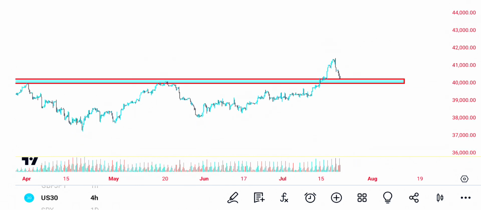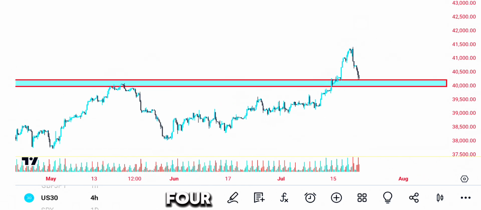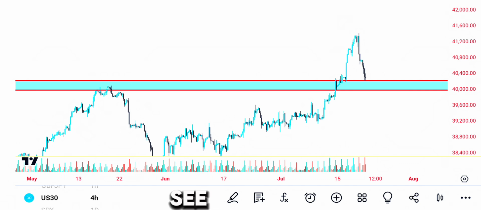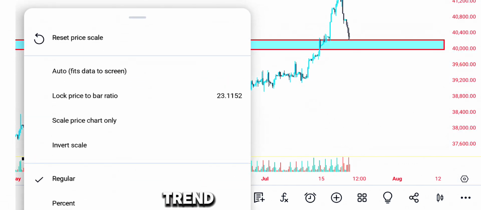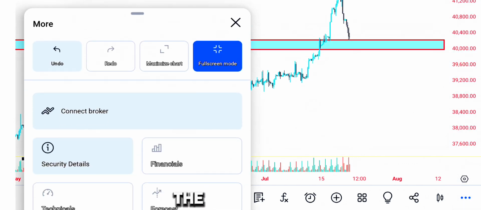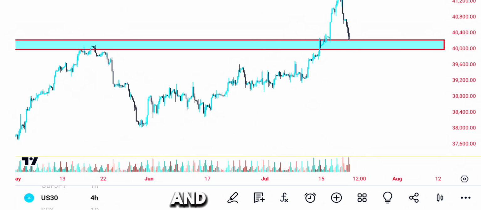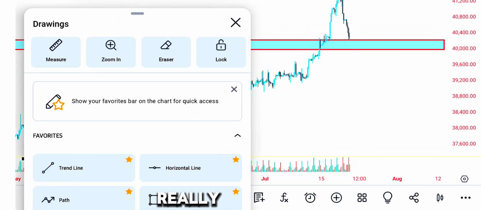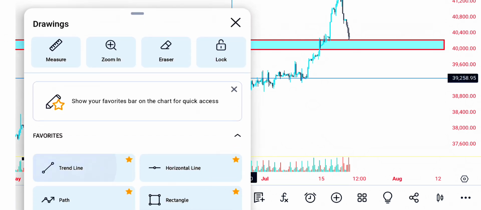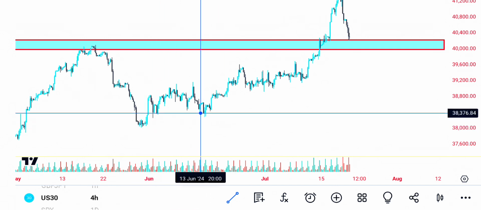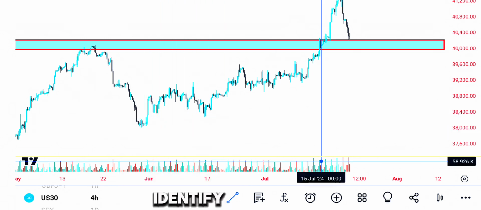So now, jumping onto the 4 hour time frame, all I wanted to see was the trend. What trend were we on, right? That's the biggest thing I just wanted to see. And then I just really dragged my trend line in order to identify the trend, right?